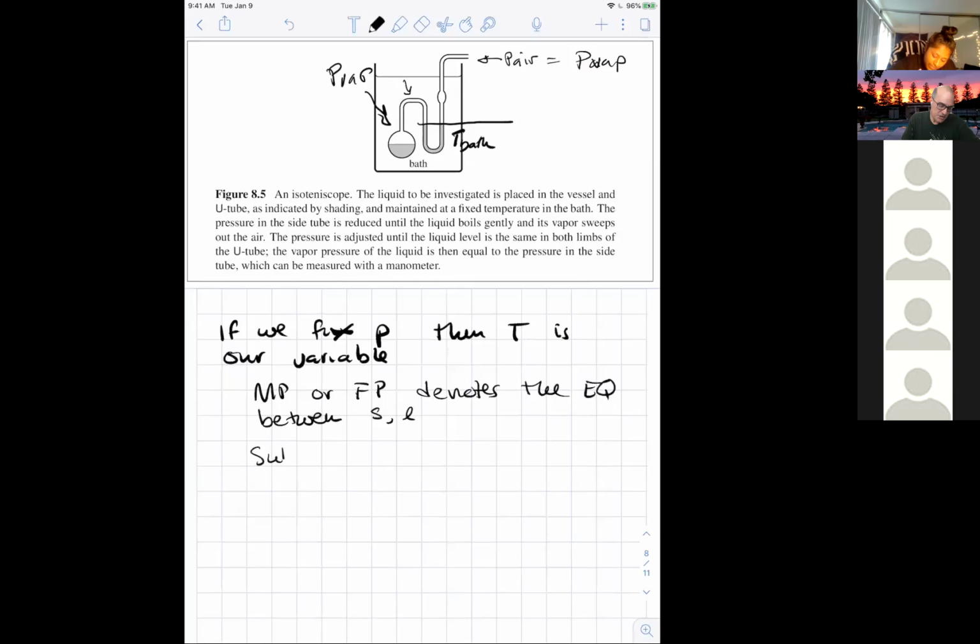The sublimation temperature for solid to gas, and the boiling or condensation temperature for liquid to gas, right?